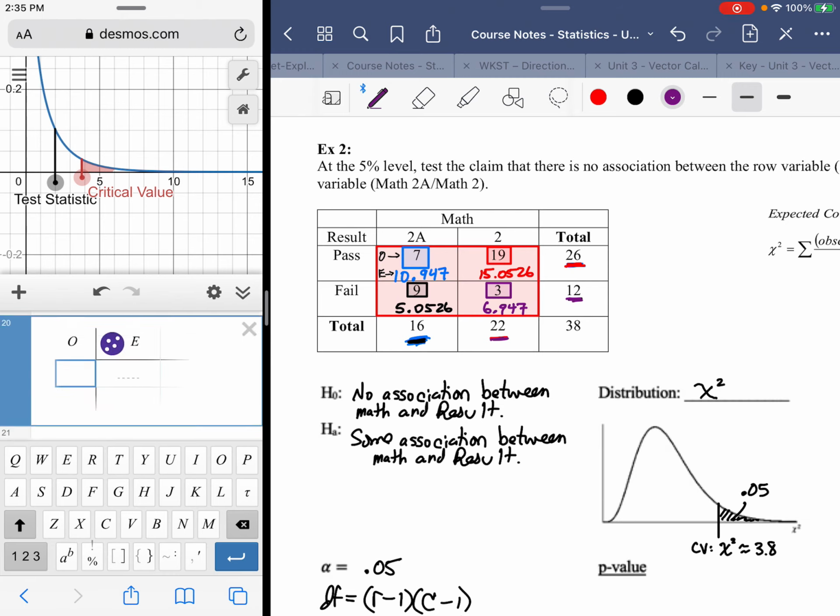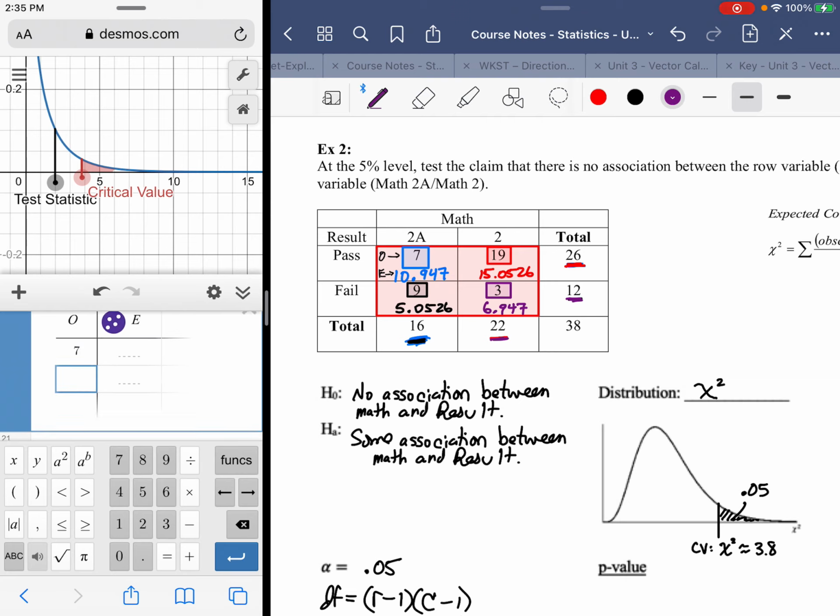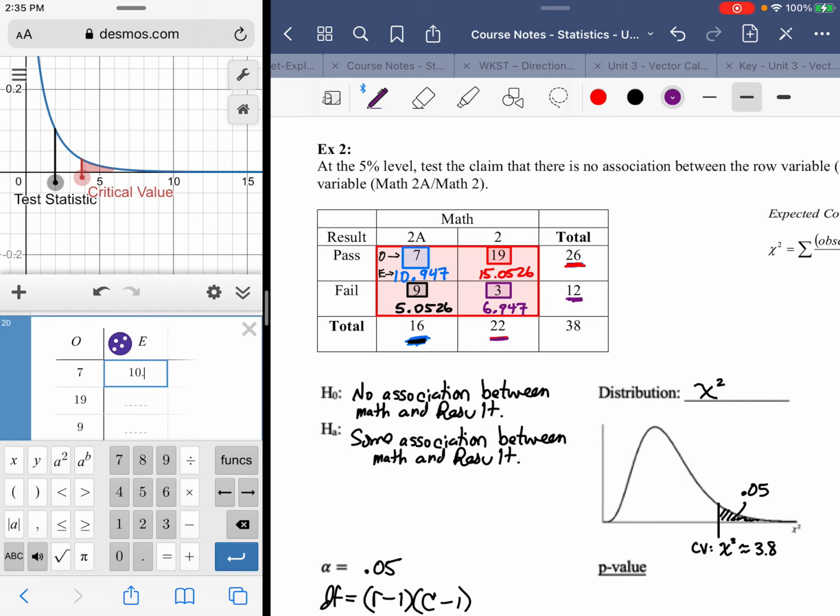So 7, 9, 9, 3. It doesn't matter what order you do it in as long as you get them all in there with their corresponding expected values: 10.947, 15.0526, 5.0526, and 6.947.